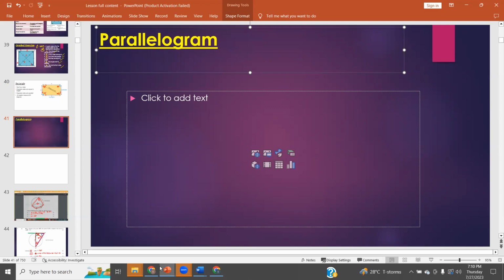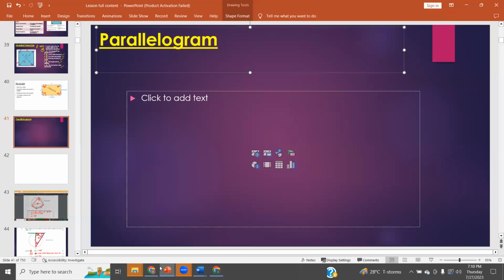Sides. You mean the sides are equal? The angles are equal? What are equal? Yeah, the sides parallel to each other are equal. Okay, the sides that are parallel to each other are equal. Interesting. Okay, so Demario said that.